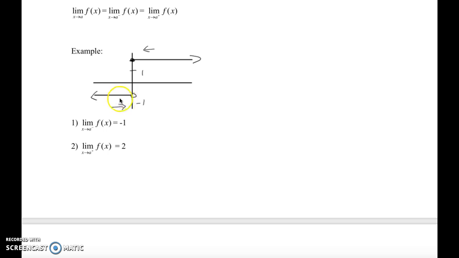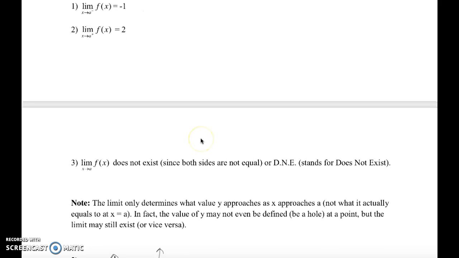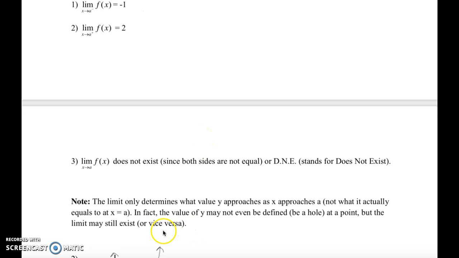But the closer x gets to 0 from that side, the closer and closer it gets to the y value of -1. And that's what we're looking for. So even though the function does not exist at that point, it still approaches a value of -1.